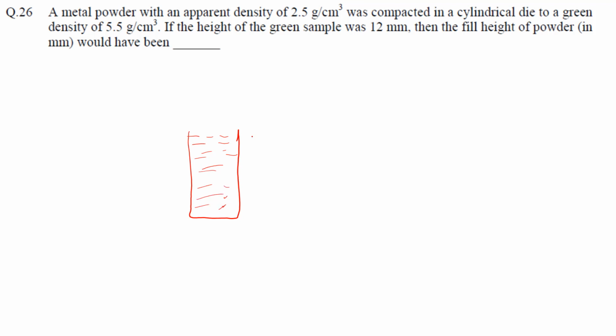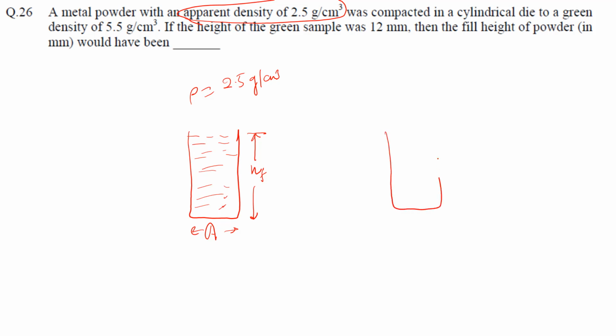When we initially put the powder, this height is called HF, that is fill height. Suppose it has base area A. The density of the powder is called apparent density, when we just fill in a cylinder. So rho is equal to 2.5 gram per cm cube.